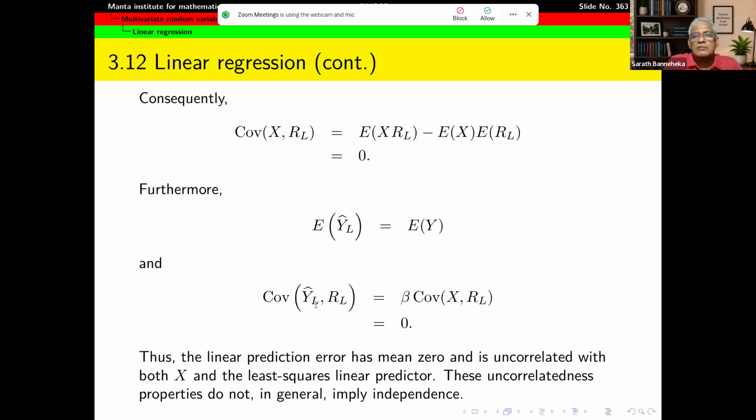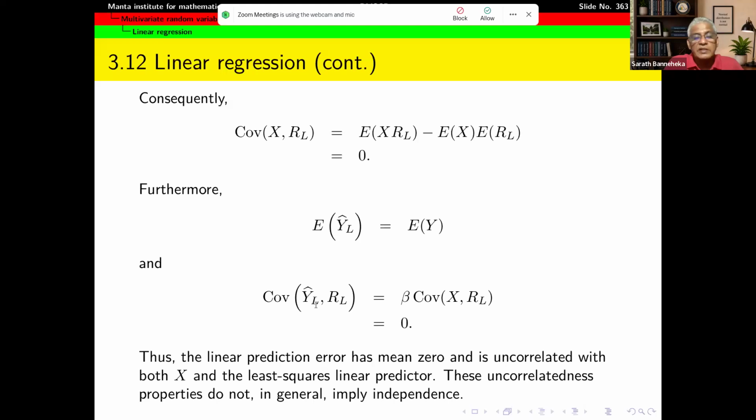So that again gives you a justification for why we do not expect any pattern when you plot the residuals versus the fitted values if the assumed linear model is a suitable model. Right.